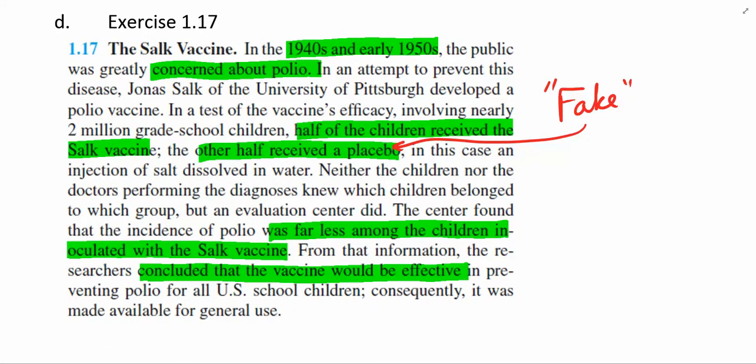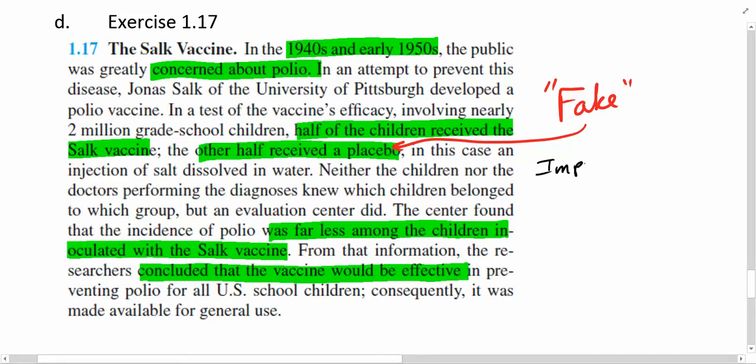So of course, this is an example of a designed experiment because the scientist imposed treatments. Treatments in this case were the examples of the vaccine, and they imposed controls. The control in this case was the placebo.